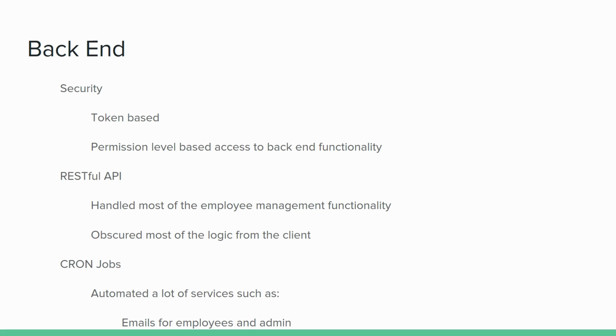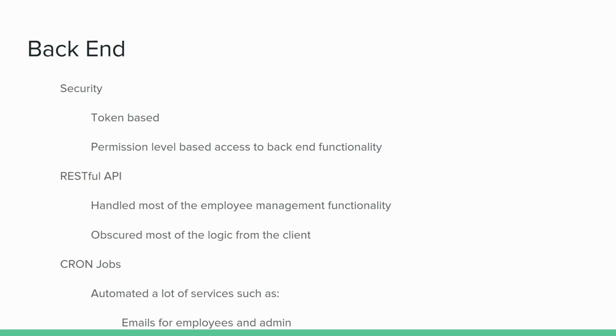Since security is the most important thing in a web application, we also implemented it on the backend level. We use JSON web tokens to authenticate users. Then we also implemented permission level based access, that is, giving users different sets of permissions.